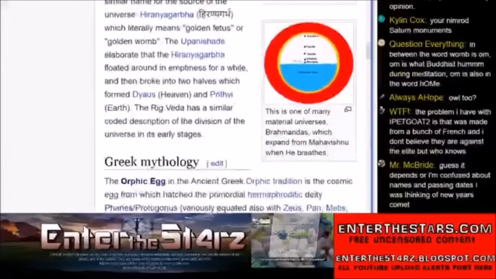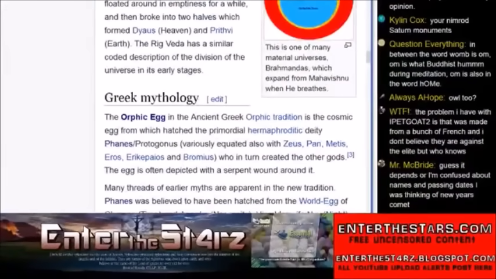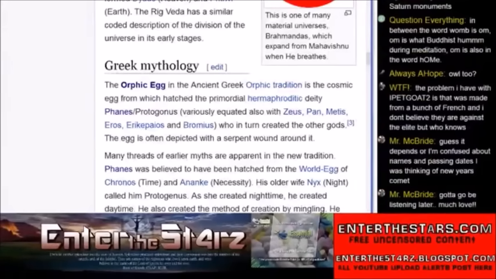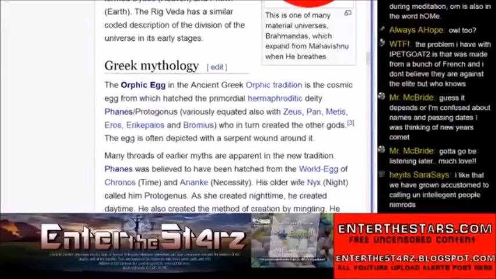This is the Vedic. The Greek mythology says the orphic egg in the ancient Greek orphic tradition is the cosmic egg from which hatched the primordial hermaphroditic deity, Phanes, Protogonus, variously equated also with Zeus, Pan, Metis, Eros, Bromius.